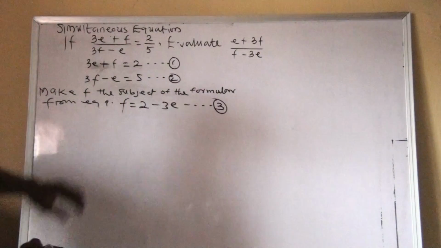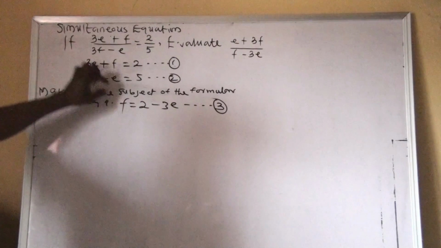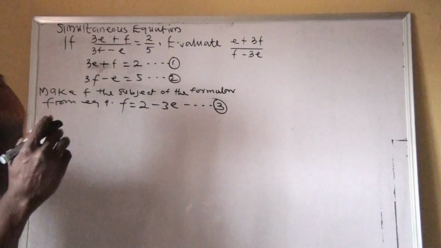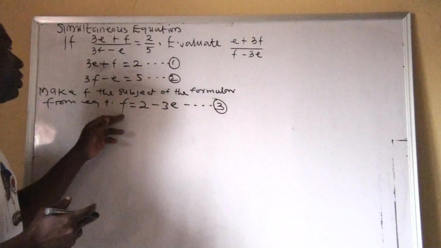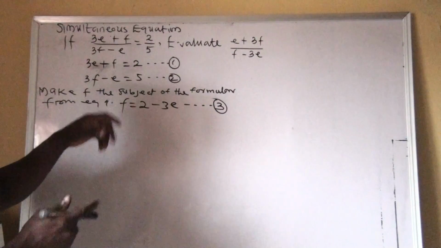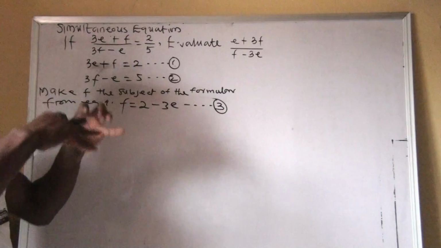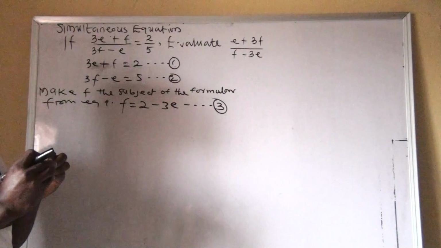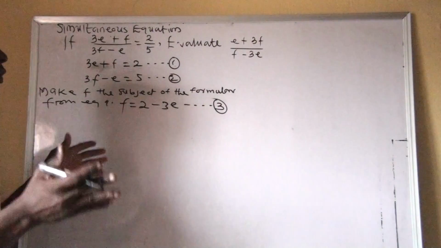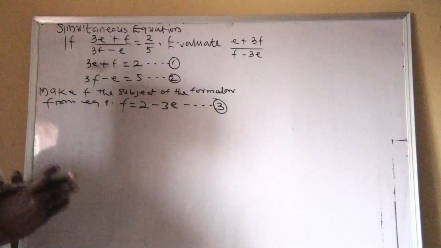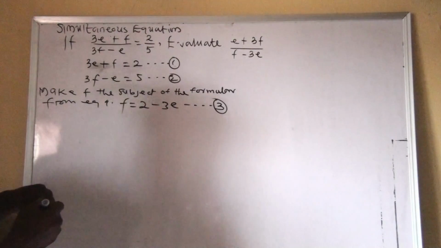What we need to do is substitute equation 3 into equation 2. You don't substitute equation 3 into the initial equation that you used to make f the subject of the formula. That mistake should be avoided.